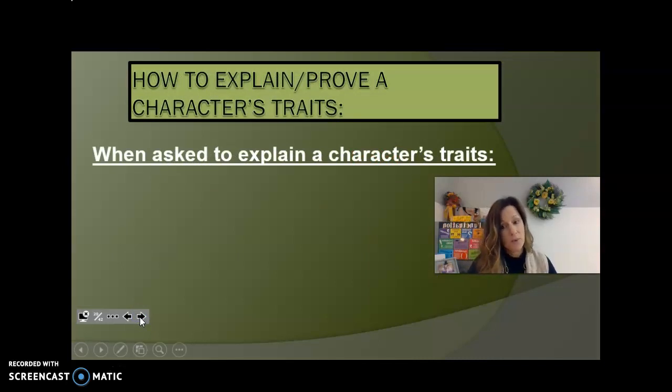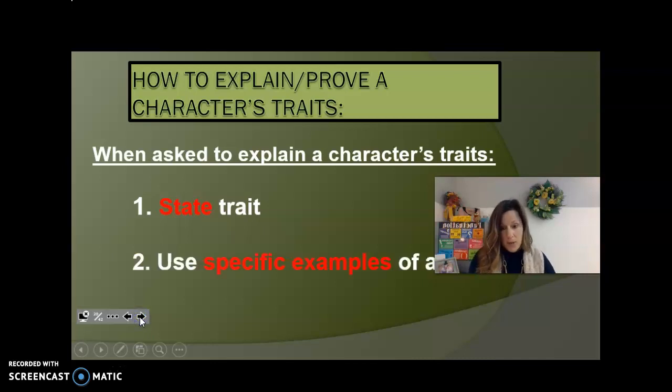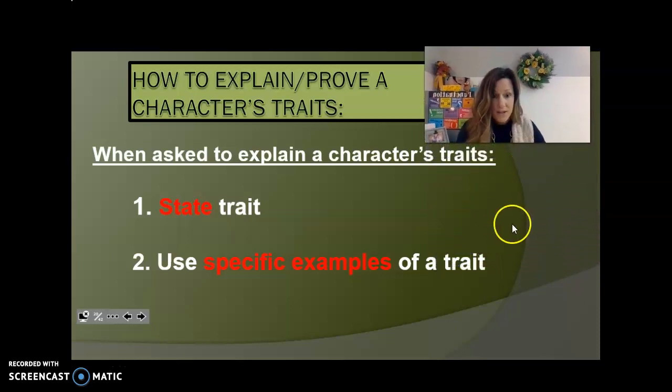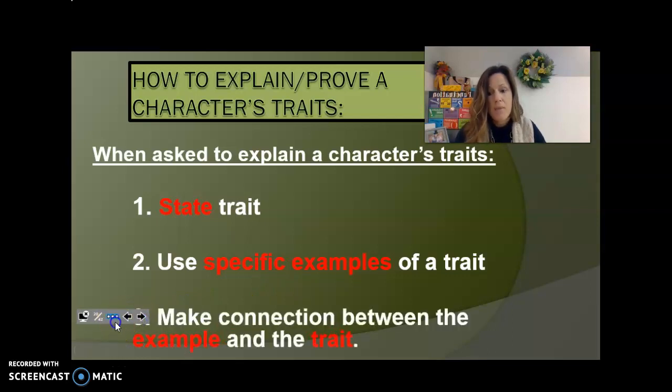Now this is really important. When asked to explain a character's traits, it's important that you first state the trait. That's often what you would do in elementary school. You would just say, oh, well, this person is kind, okay? For our purposes, we're going to be using specific examples of that trait from the text. We're going to be pulling text evidence to back up our statement of trait, okay? And then third, make the connection between the example and the trait.